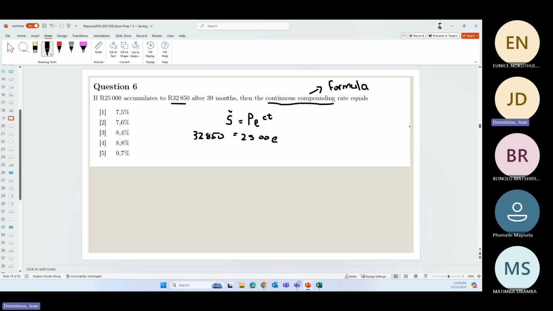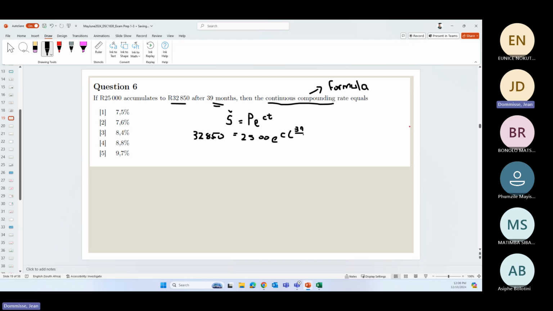Then let's see, do we have interest? That is what we're going to work out. And do we have the time period? 39 months. So yes, we do, but just remember 39 months. So it is 39 divided by 12. Very important just to remember, we always want to write that in years.